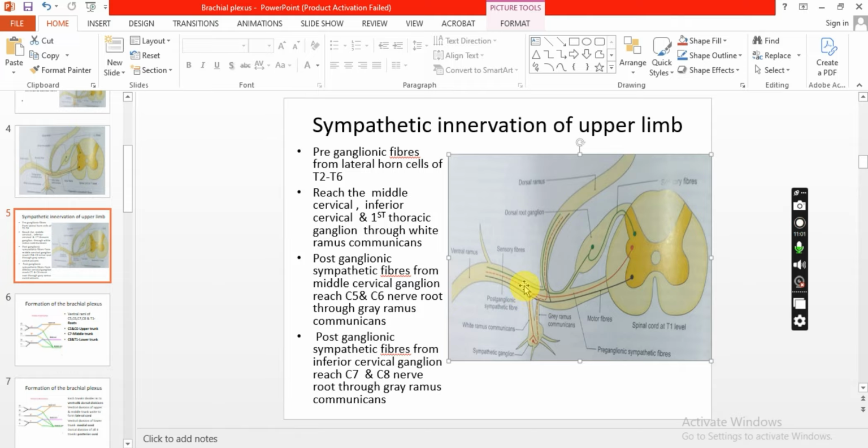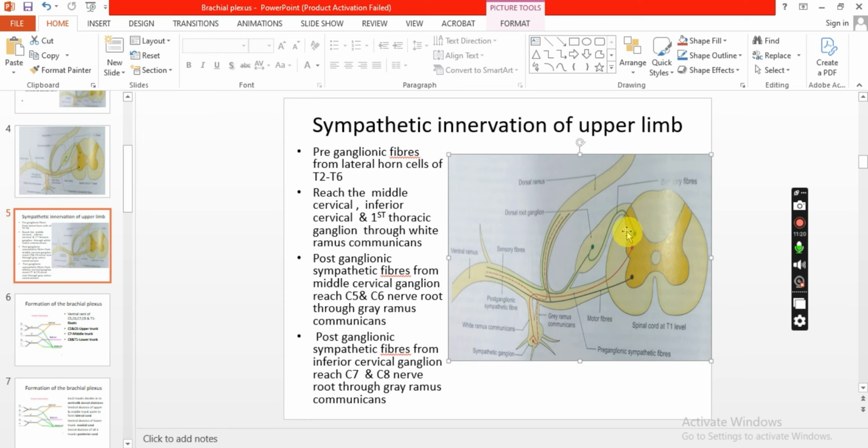Now you can see the red one is the sympathetic. Now you are seeing a green as well as a black one. The black one is starting from the ventral horn, so they are the motor fibers to supply the skeletal muscle.